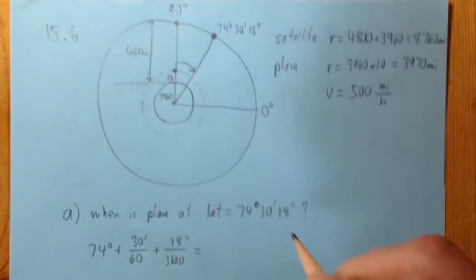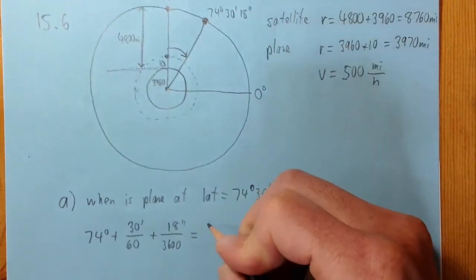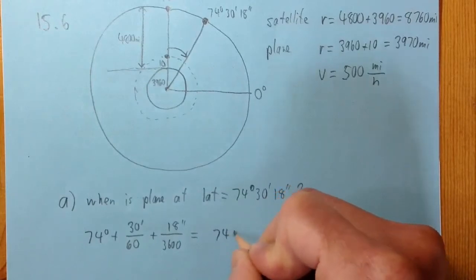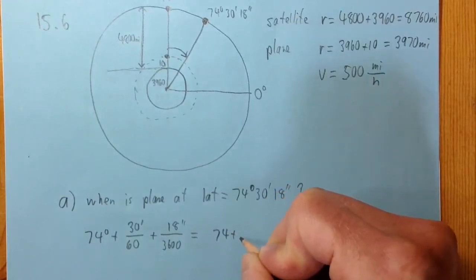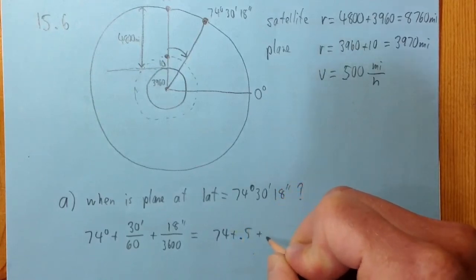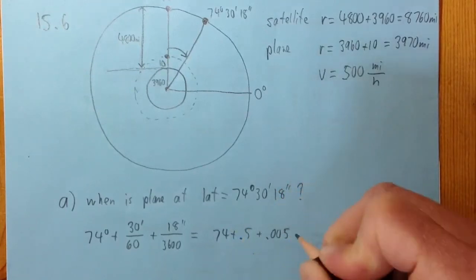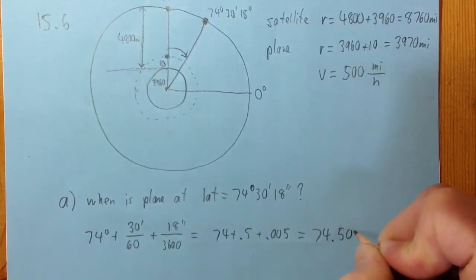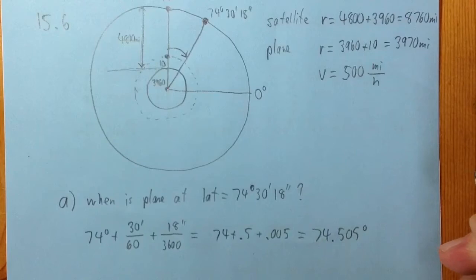So we do that, and then we get out our calculators. 74 plus 30 divided by 60 is easy, that's 0.5. 18 divided by 3,600 is 0.005. So that's 74.505 degrees.